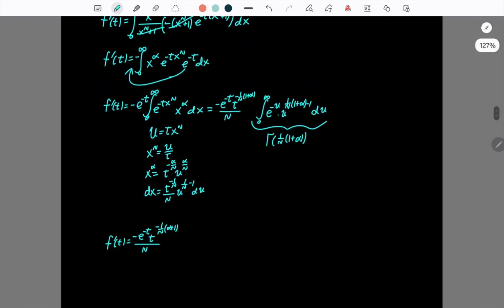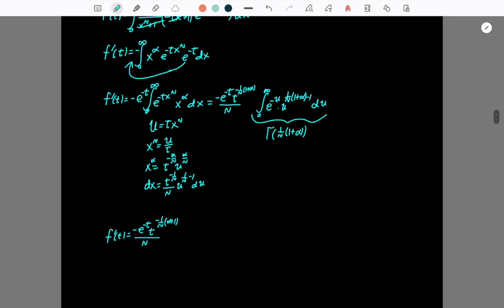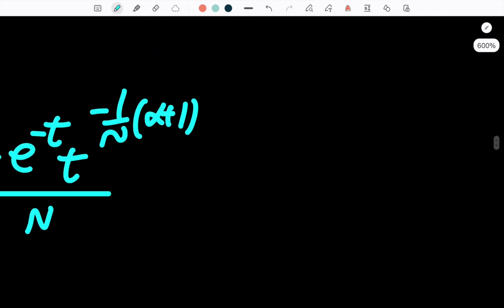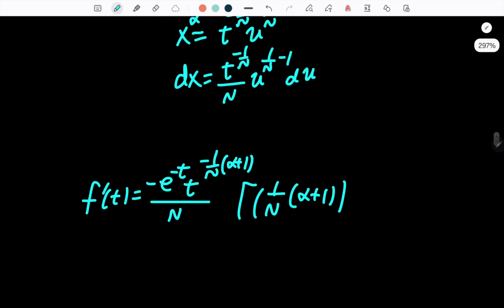Let me make sure everything is correct. Yes, and then times gamma of 1 over n times alpha plus 1. There we go. And now we have f prime of t.